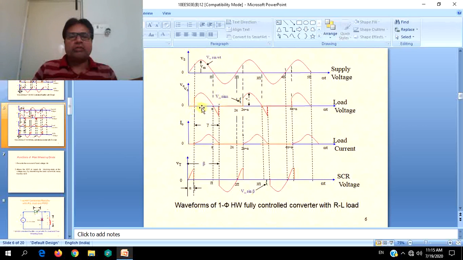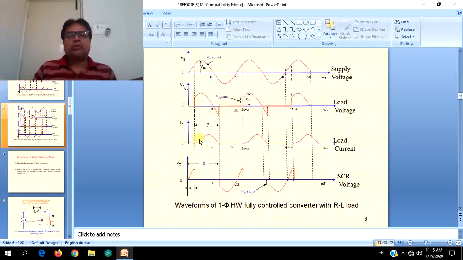From alpha to pi, the load voltage will be equal to the source voltage, and because of the inductance there is a time lag or angle lag between the voltage and current. Though the voltage has increased to a higher value, current is still 0 at alpha.